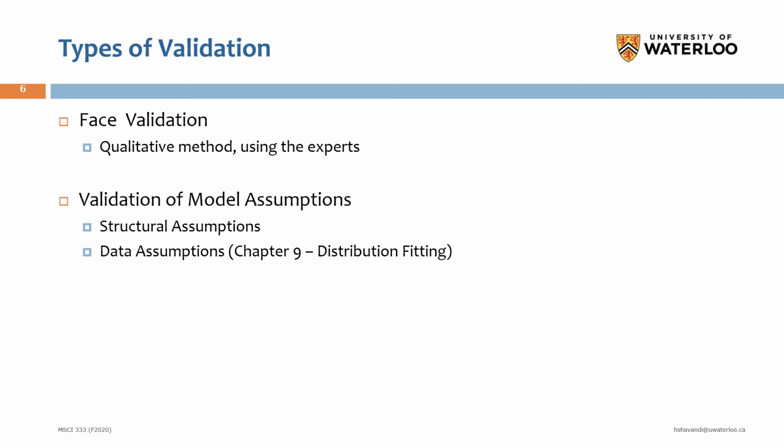Again we can use the experts to see if the structural assumptions and also the data assumptions that we constructed in distribution fitting are valid, or make sense, by the judgment of the expert. These two types of validation are in the category of subjective validation, because here we are not using data and we don't have any objective or quantitative analysis, and we just use the experts' knowledge and experience to judge the simulation model.